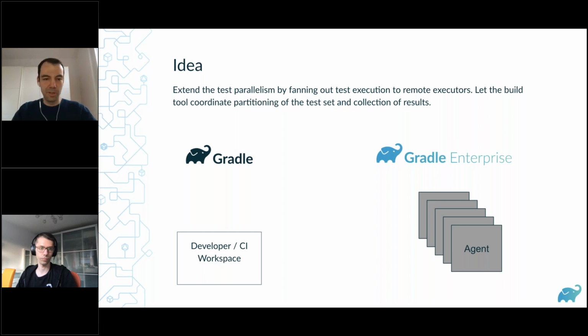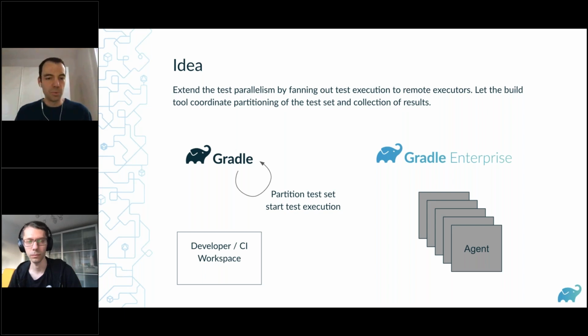The first step for that is we have to discover the test set, which is the set of test classes we want to execute. Once we've done that, we can request agents from Gradle Enterprise, and Gradle Enterprise will estimate the number of agents we are likely to get and send the number back to the build, which will use it to partition the test set into chunks and then start test execution.